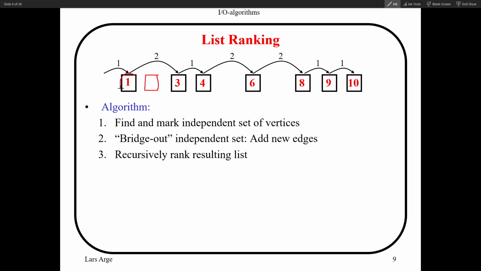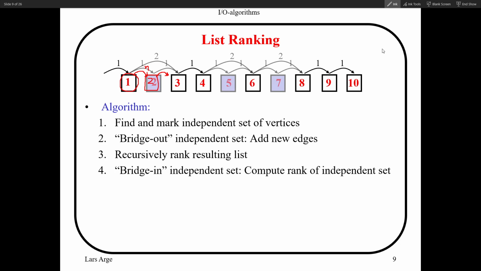I know the rank of this one, so I can easily compute the rank of this one. We're going to look in more detail at how we do this, but this is not the difficult part of the algorithm. And that's basically how the solution goes.